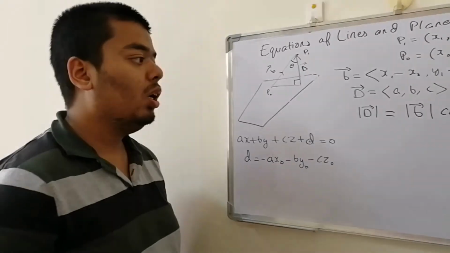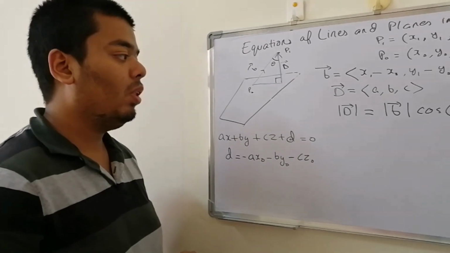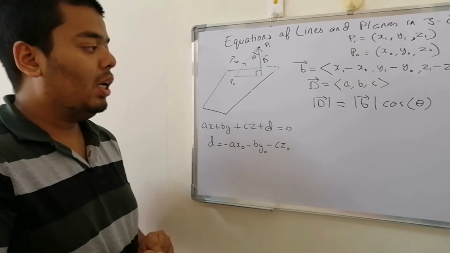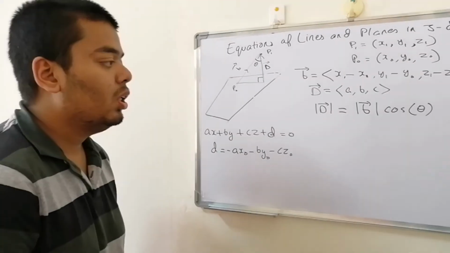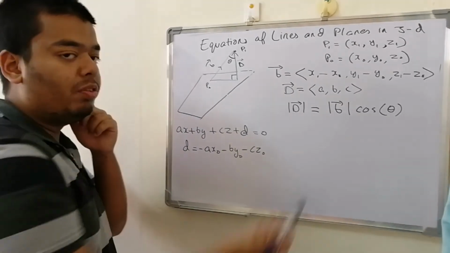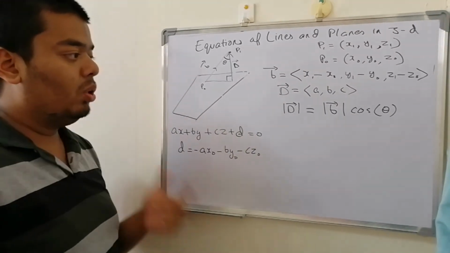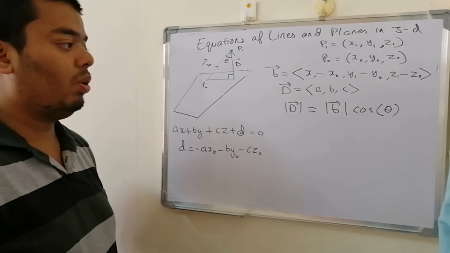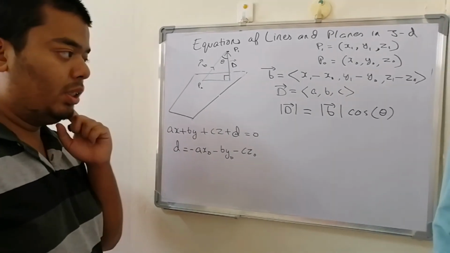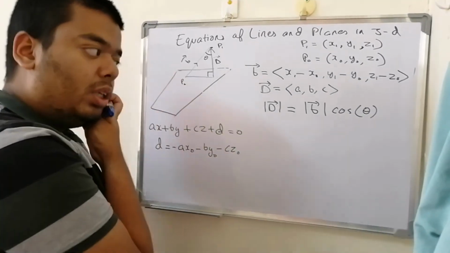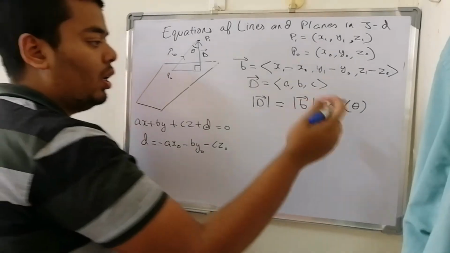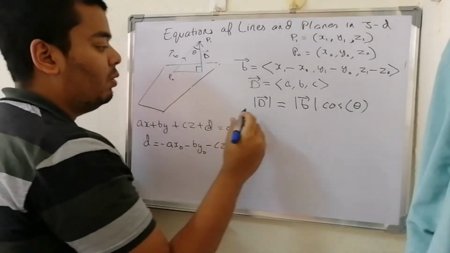The next step, though, does not make sense, because we will not have the value of theta, obviously, so we cannot use this formula. Okay, let's do something else. Why not multiply and divide by the magnitude of vector D?